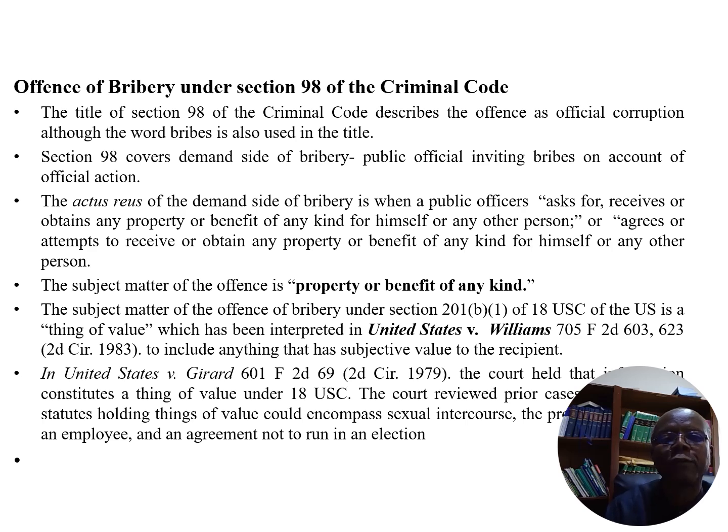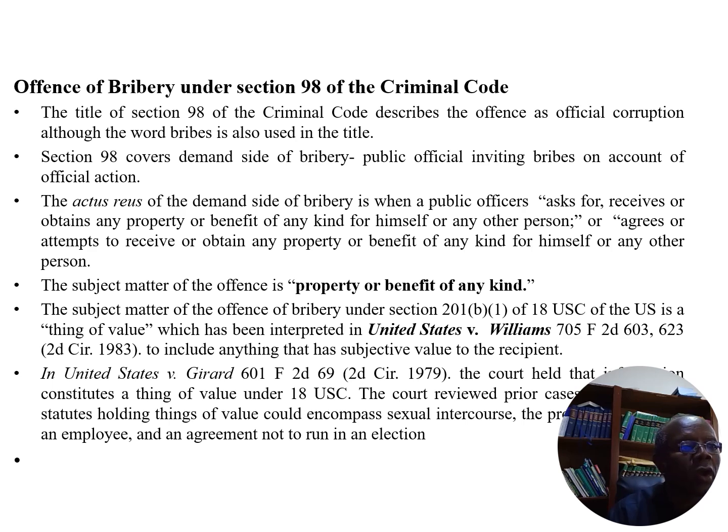The subject matter of the offense of bribery under section 201(b)(1) of 18 U.S.C., the United States Code, the legislation that deals with federal bribery in the U.S., is a thing of value.